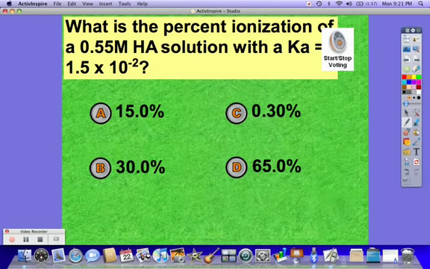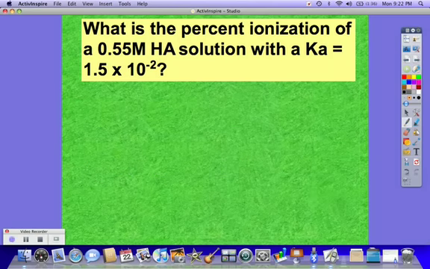Alright, last problem. Going to try solving this one on your own and then restarting the video. Alright, so write our dissociation equation.